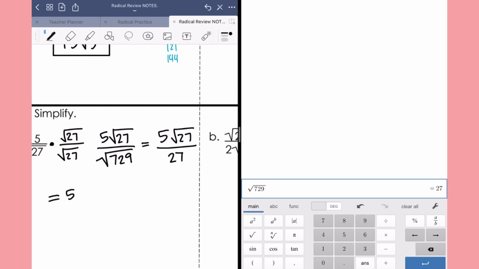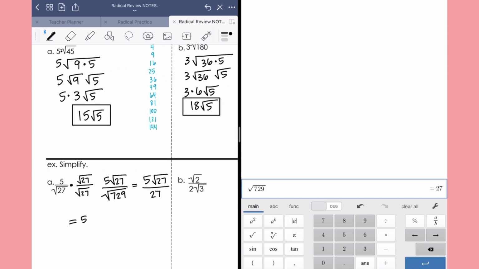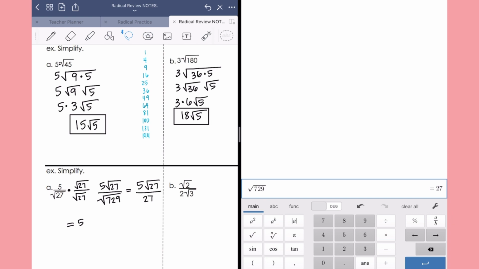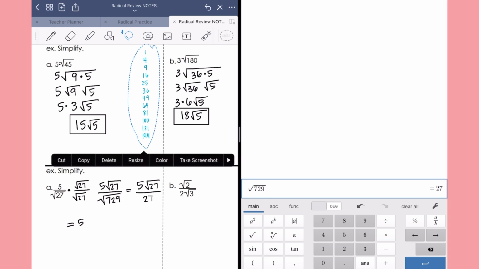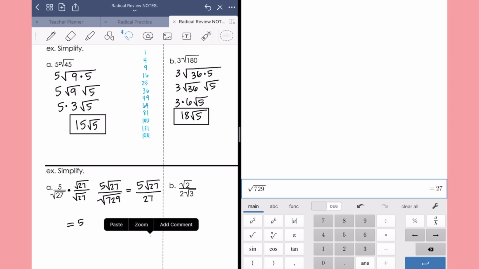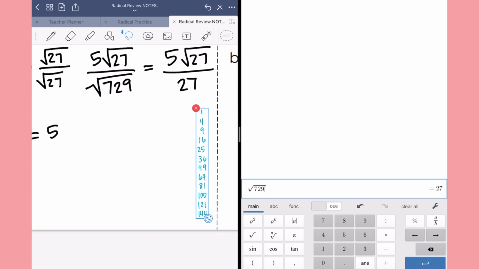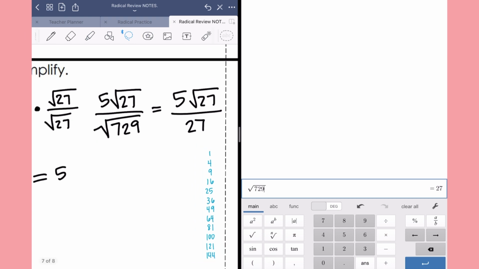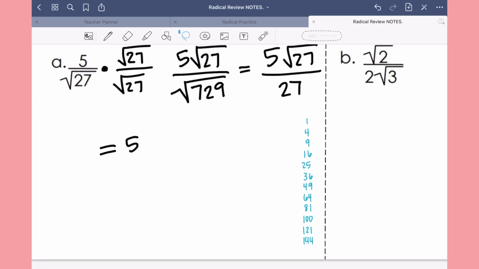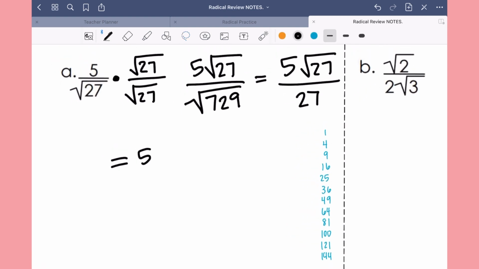So which perfect square would divide into 27? And hopefully you have a close idea out of all these numbers. Which one of these numbers divides into 27? The answer is 9. 9 times 3.